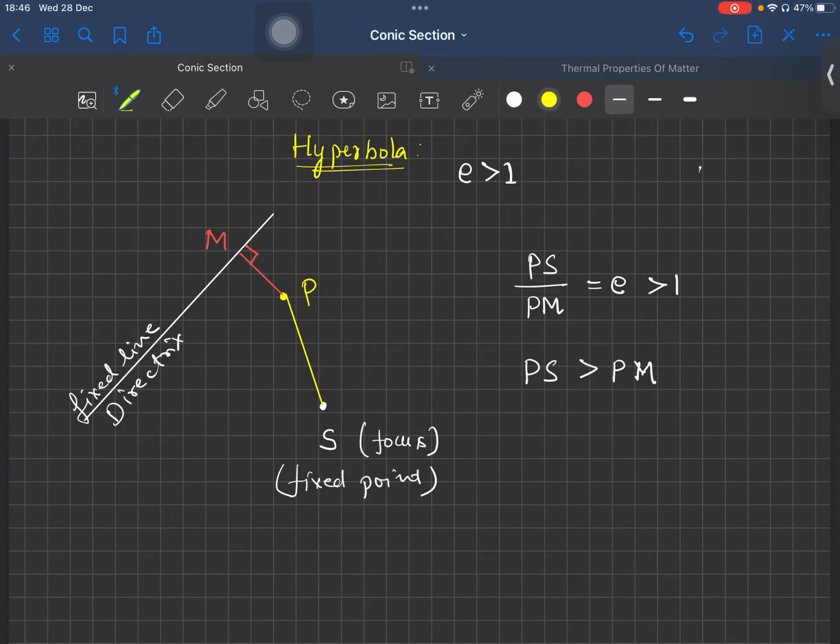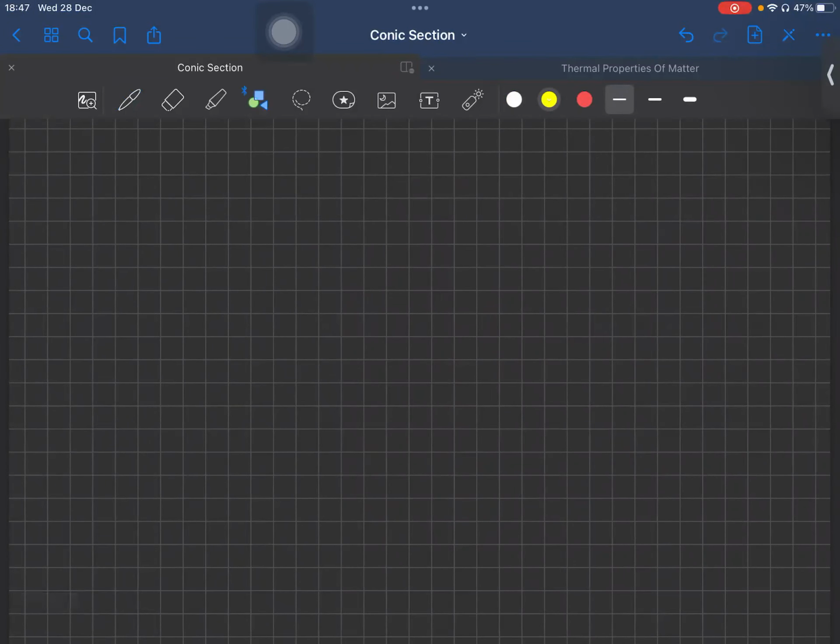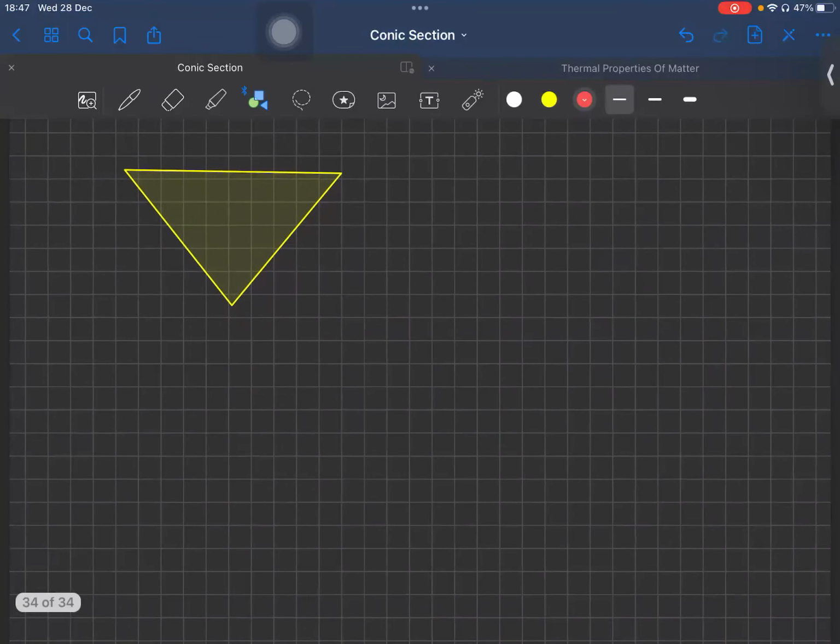Now again, of course, it is some part of a cone. So to understand hyperbola, we have to draw two cones, two inverted right circular cones, because hyperbola is a part of a conic section.